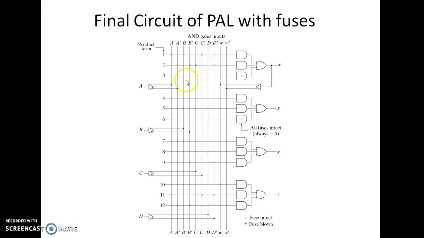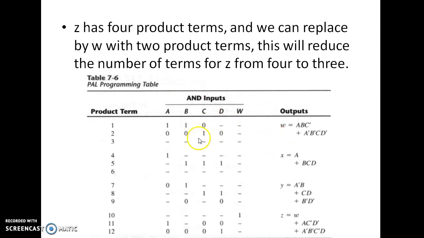And the third product term is not there in the table, right? If you see the previous, nothing is there in the third product. There are no connections. So only the first product terms. So product terms are indicated with horizontal lines and complemented and uncomplemented inputs with the vertical lines.